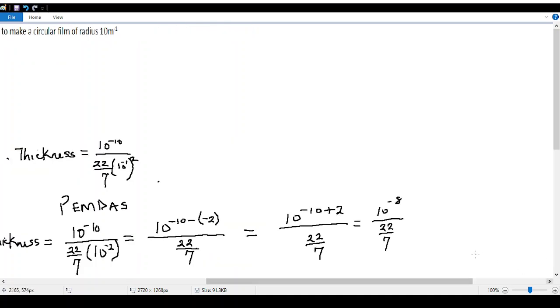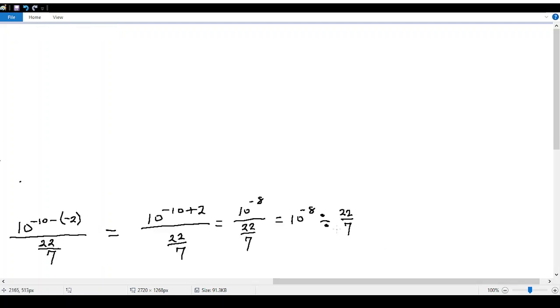So next thing here is we're going to resolve this. We have two division lines here. Resolving this would mean 10 raised to power minus 8 divided by 22 over 7, which also means a reciprocal.